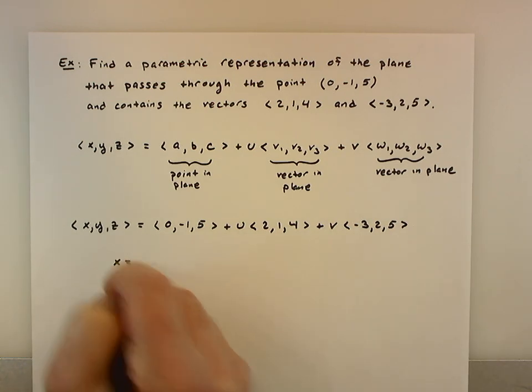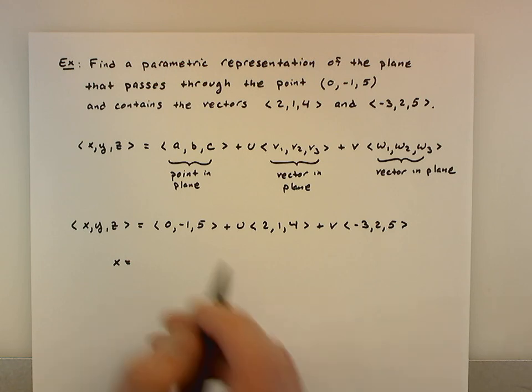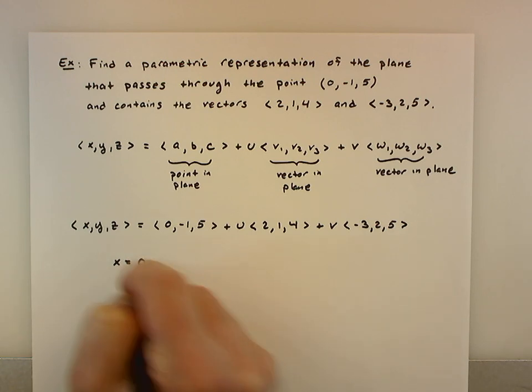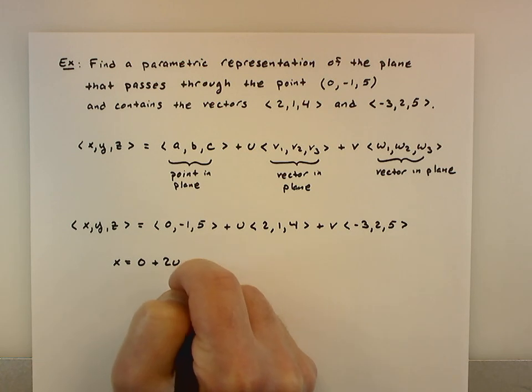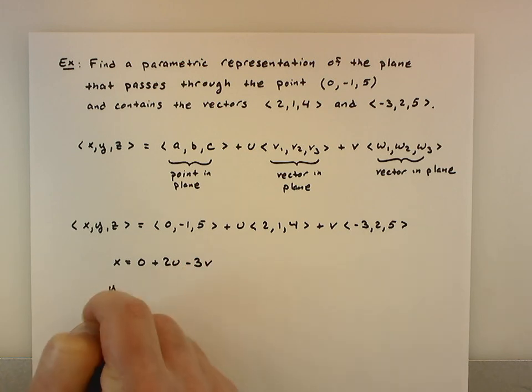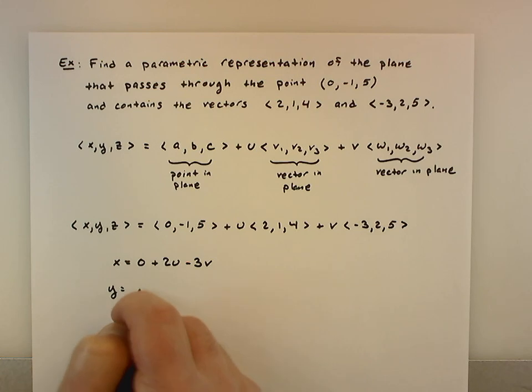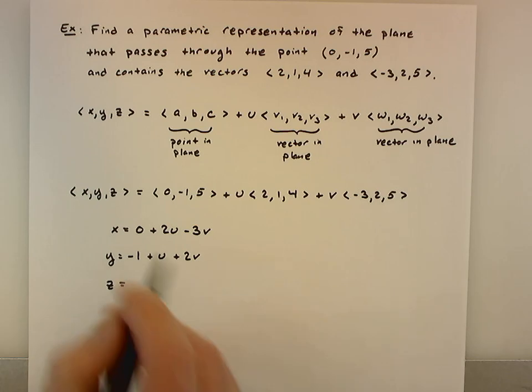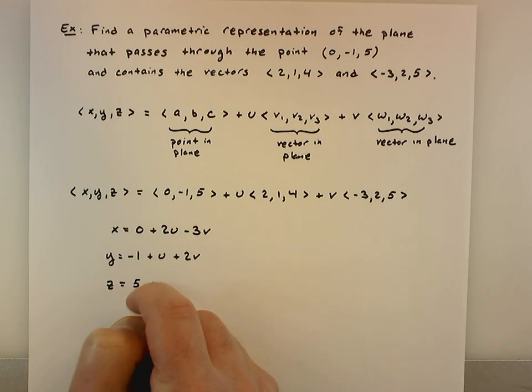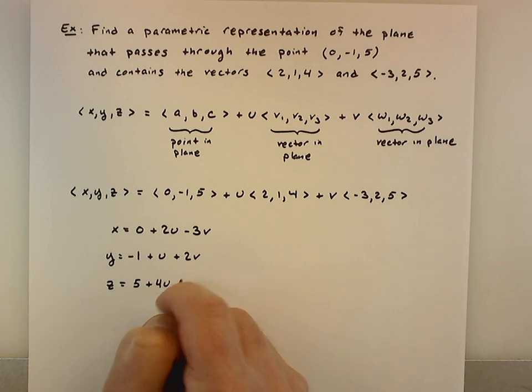Which means x is equal to 0 plus 2u minus 3v. Y is equal to -1 plus u plus 2v. And then z is equal to 5 plus 4u plus 5v.